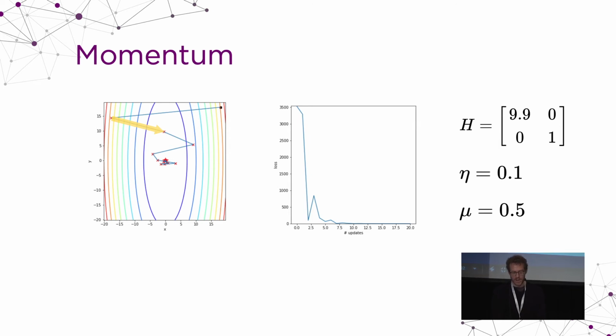And here, the gradient will be small in this direction, and I will have a little bit of gradient in this direction. But I still have my momentum coming from the previous step, so I overshoot a little bit. But then I will converge more quickly to the optimum than pure gradient descent.